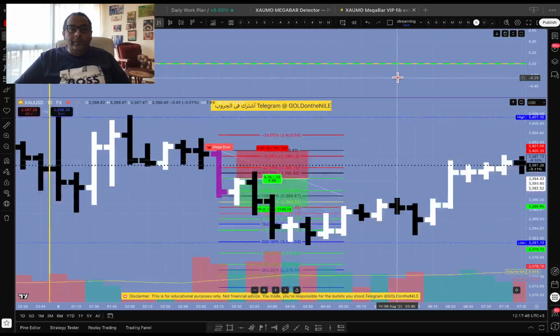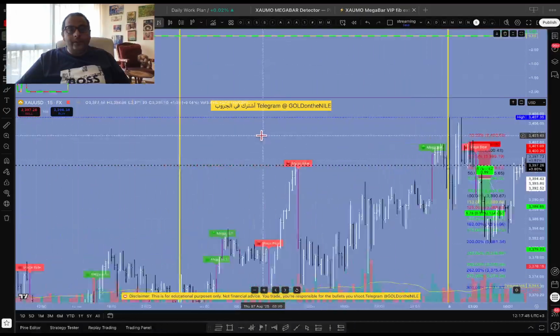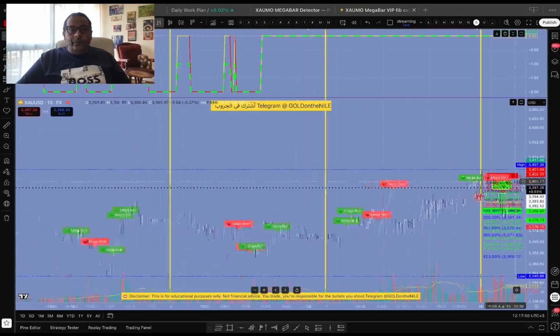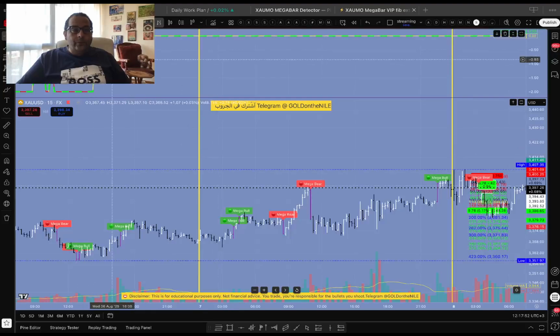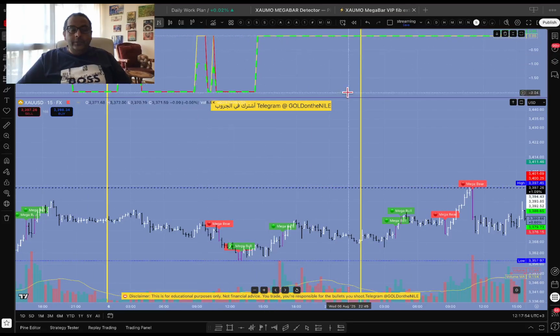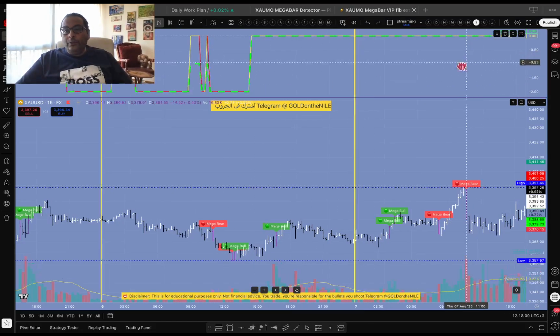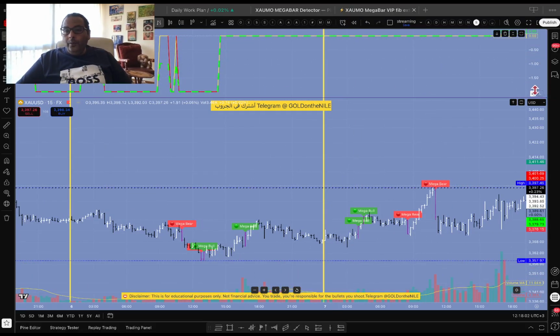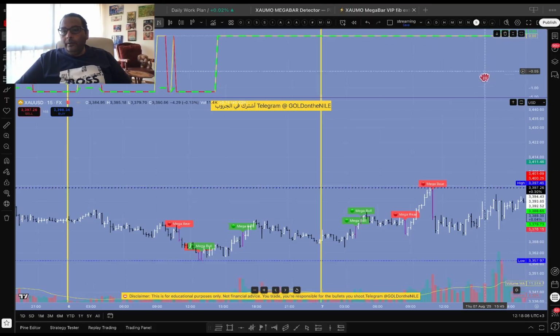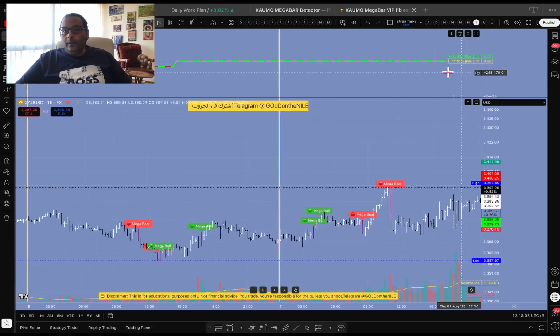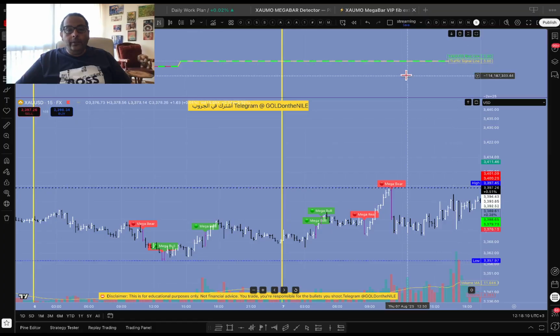So you're going to ask me, what about the XAUMOvision? Let me show you how it looks here. This is the XAUMOvision. We have the traffic light, which is red, yellow, green. And then we have the bias, which is the most important thing for us. You have the traffic light and XAUUSD, the bias.